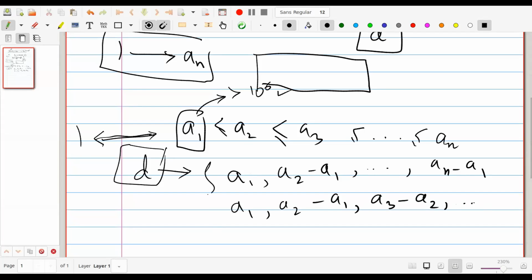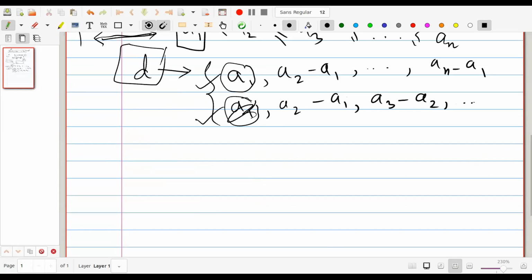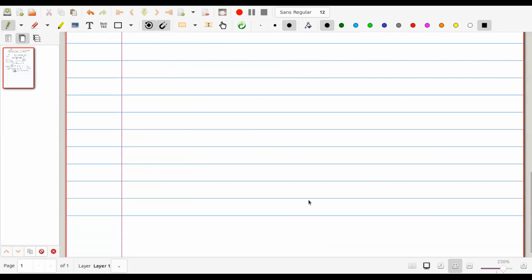So what is the difference between this and this? Here I am taking the smallest number and subtracting it from all. And here I am taking the first number and subtracting it from the second, then subtracting A2 from A3, and I keep on doing this, taking intermediate differences. So what is the difference?